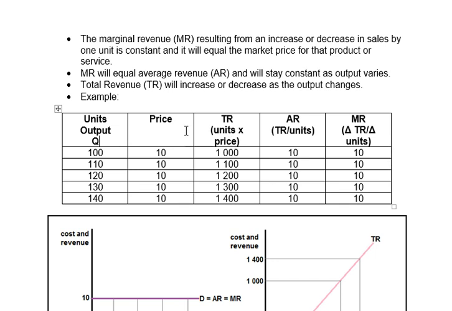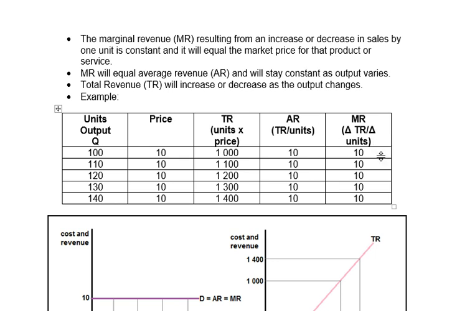So 1,000 divided by 100 gives me 10. 1,100 divided by 110 is going to give me 10. 1,200 divided by 120 is going to give me 10. And then with marginal revenue, the calculation is change in total revenue over change in quantity. A lot of you are not listening. You are taking total revenue over quantity. There's a difference between average revenue and marginal revenue. Change in total revenue over the change in quantity.